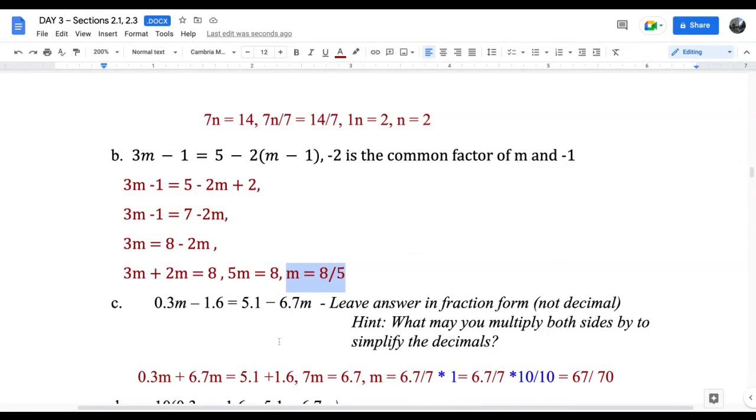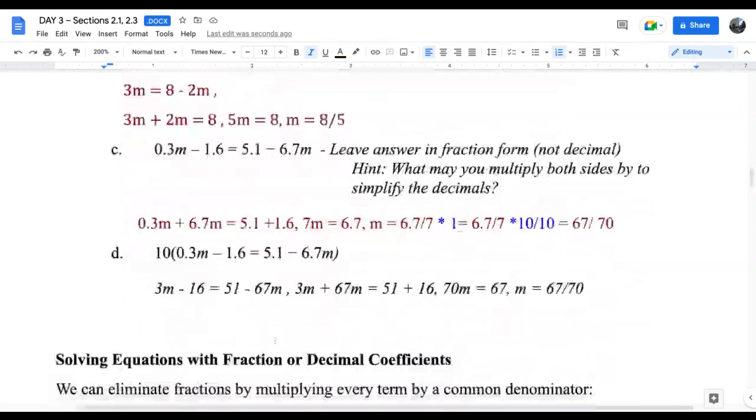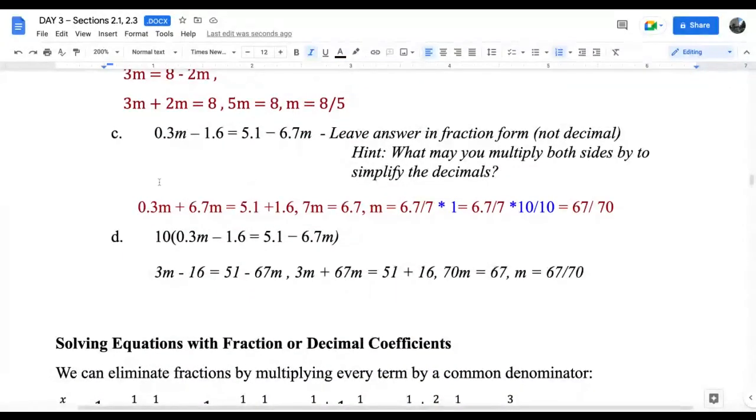The next one involves decimals. So this is 0.3m minus 1.6 equals 5.1 minus 6.7m. First, let's move things around. Let's move this negative 1.6 to the right-hand side. It becomes plus.